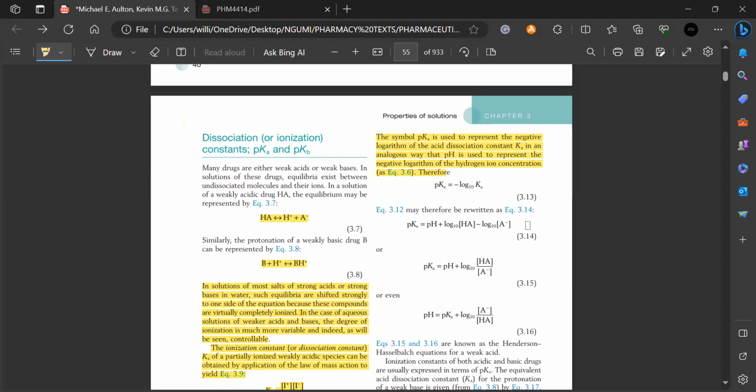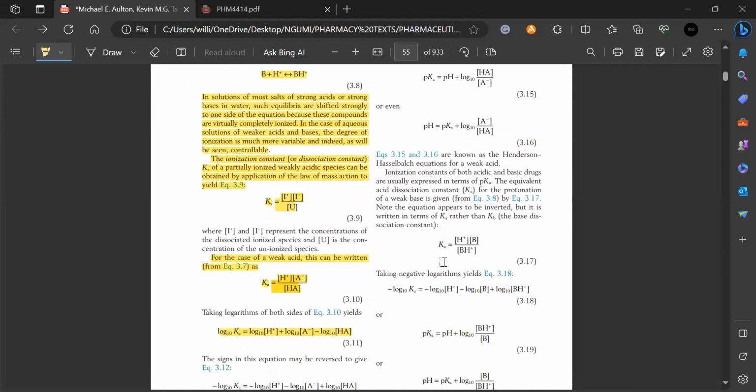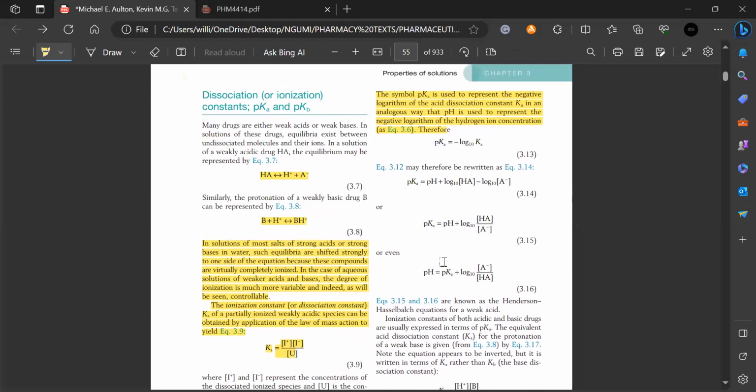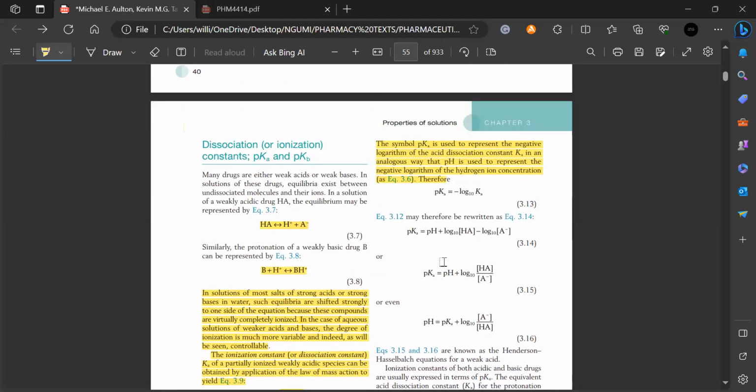It's just the same thing. So pKa is equal to pH plus, as we said, minus in log is equal to just division.